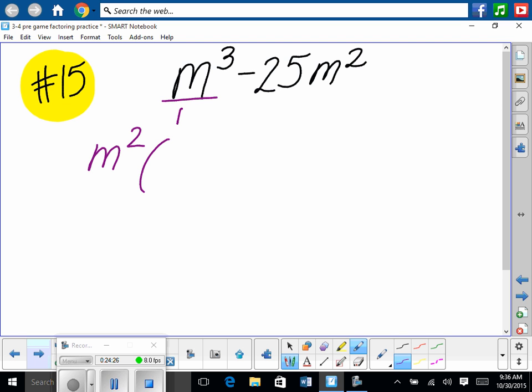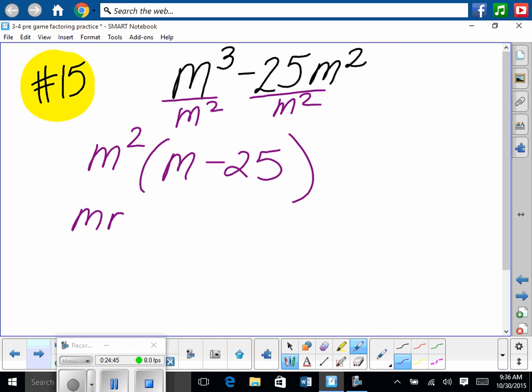Divide each thing by m squared and see what you have left. m cubed divided by m squared is m, and 25m squared divided by m squared is minus 25. Technically, we're not down to our linear factors yet, but m squared is just m times m, and then we have m minus 25.